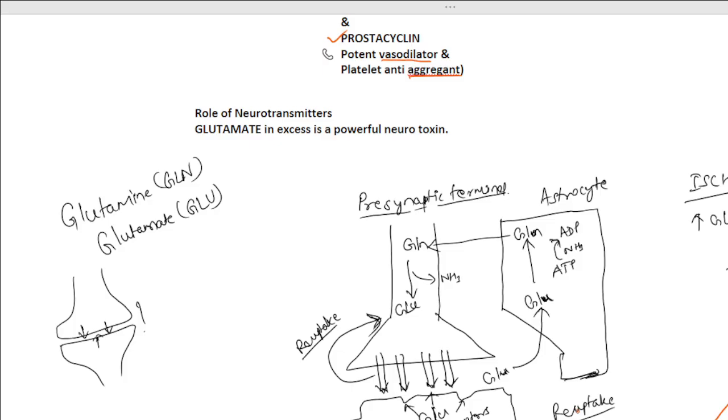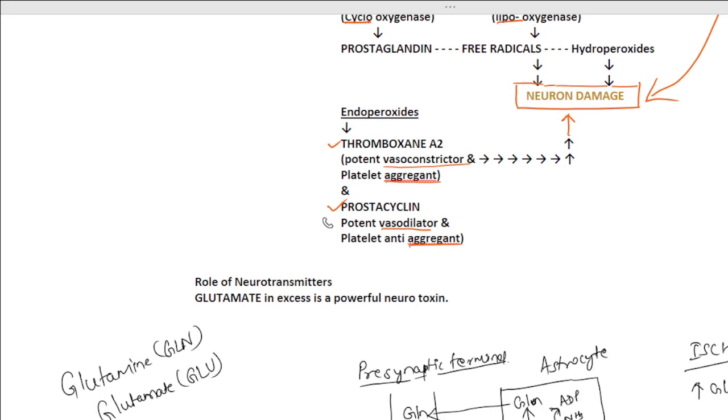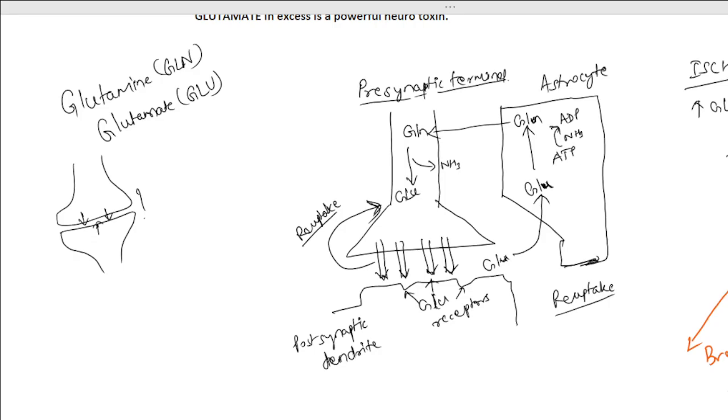When arachidonic acid got broken, then cyclooxygenase and lipoxygenase, these two were released. You can see here arachidonic acid, these two, and then after that free radicals, prostaglandins and hydroperoxides, which led to the neuronal damage. But in between, what will happen? Here depolarization will happen. Depolarization will happen for sure.